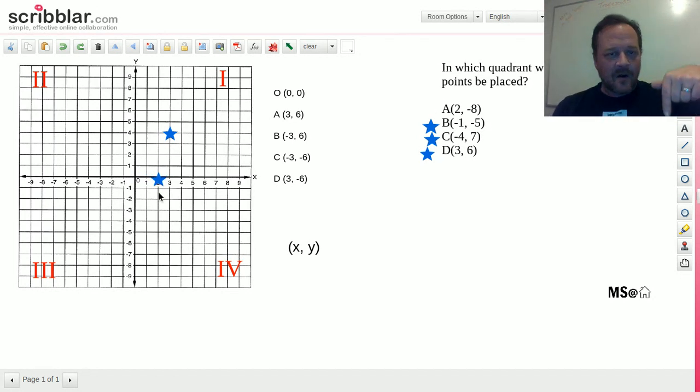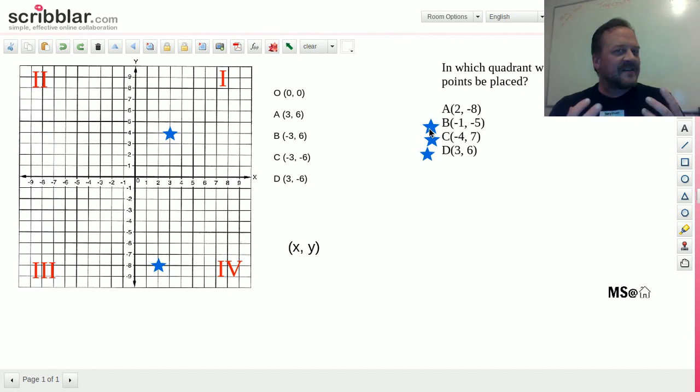Because it's negative, down until I get to the negative 8, and I plop it right there. That's where that goes. So A would be in which quadrant? IV, or 4.